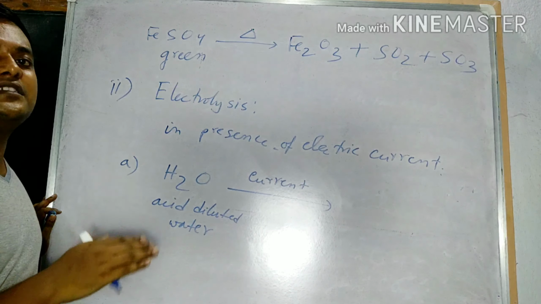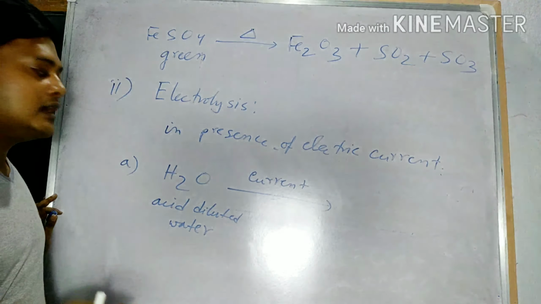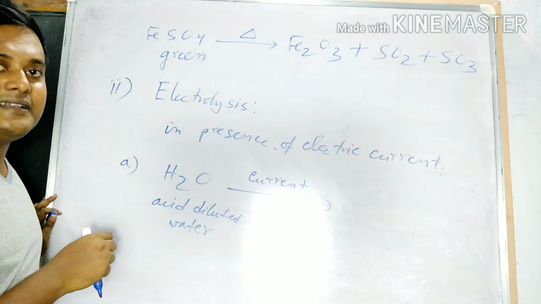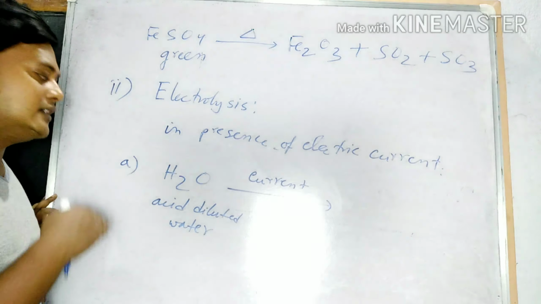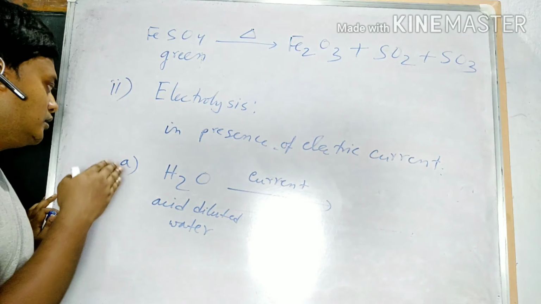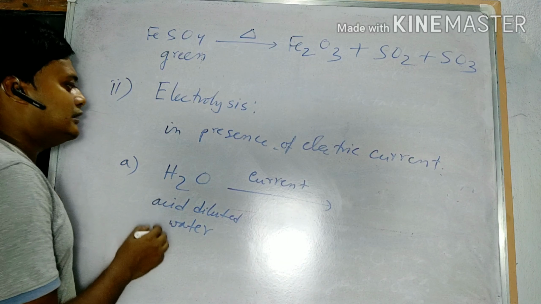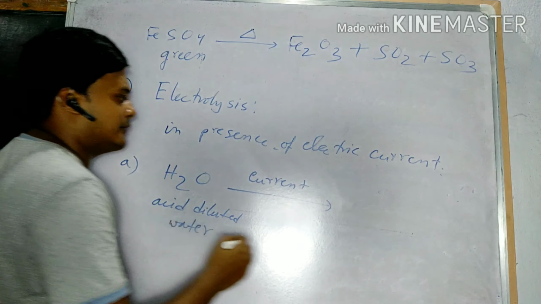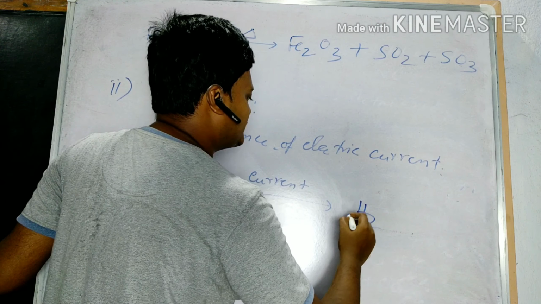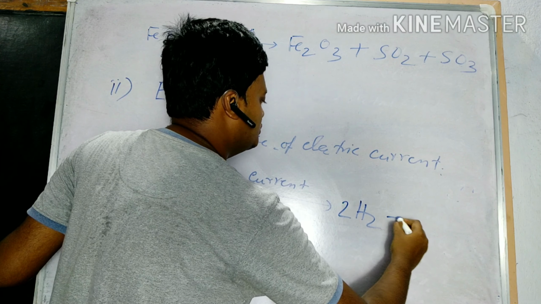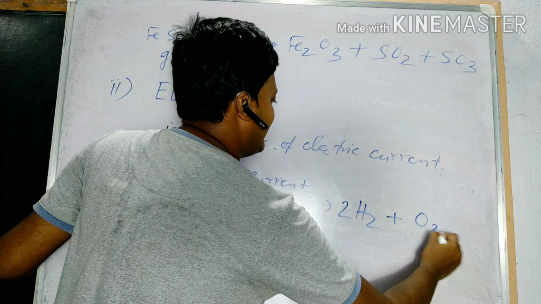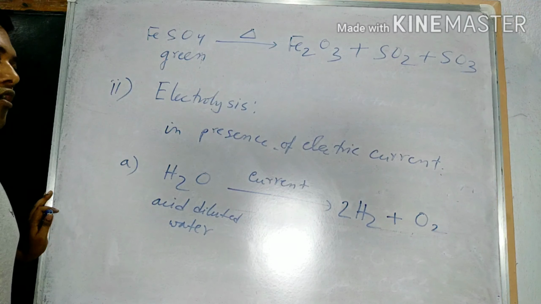Why? Now water is a very weak electrolyte. So here a few drops of acid act as a catalyst which increases the dissociation of water molecules. So acid diluted water, when we pass current, what happens? In the cathode we will get 2 moles of hydrogen and in the anode we will get oxygen.